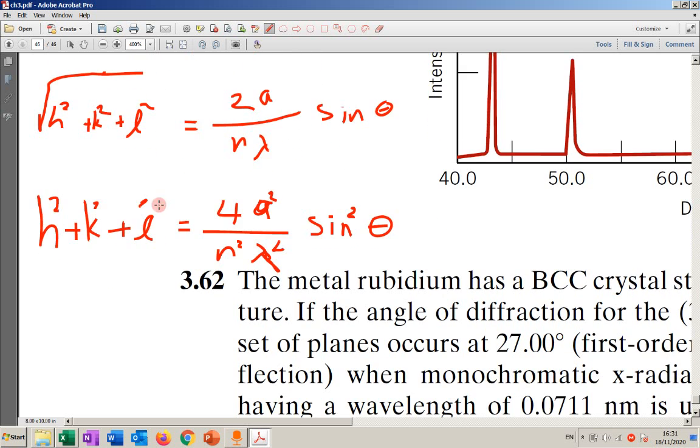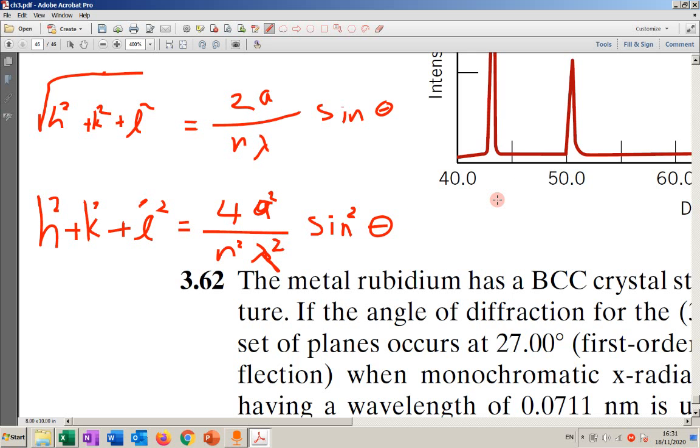Now some information is required here. Again, we cannot find it. Why? Because we don't have a. A is the problem. We have theta, lambda, and n, but we don't have a, so we cannot find the H squared plus K squared plus L squared values. What will we do? This value here, 4a squared over n squared lambda squared, is constant for the XRD pattern. Why?